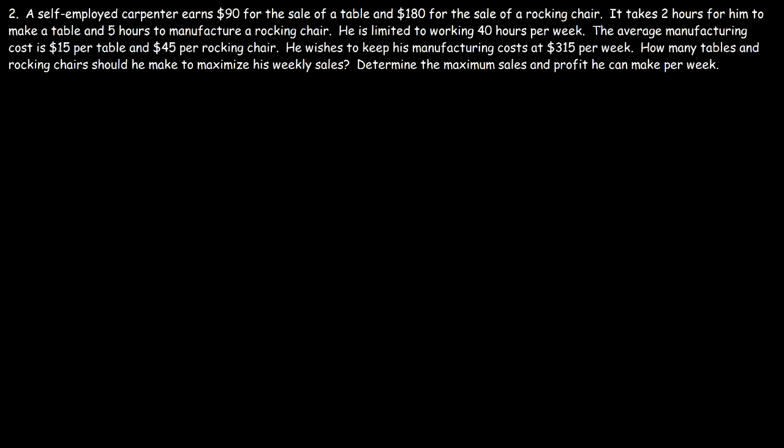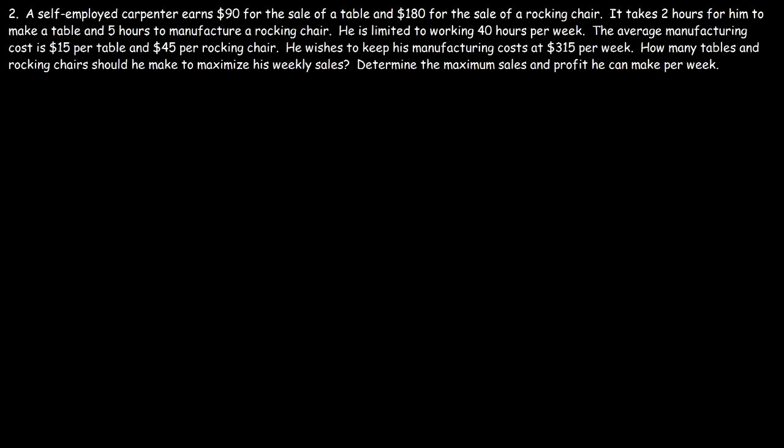Now let's work on this problem. A self-employed carpenter earns $90 for the sale of a table and $180 for the sale of a rocking chair. It takes 2 hours for him to make a table and 5 hours to manufacture a rocking chair. He is limited to working 40 hours per week.